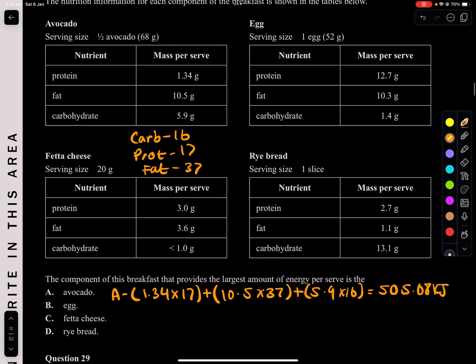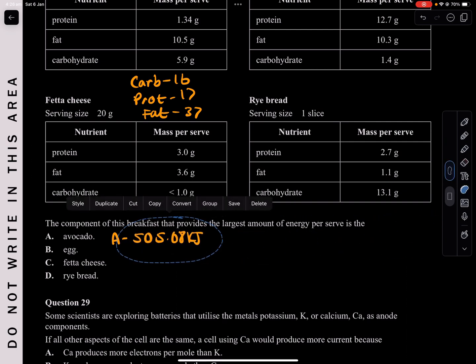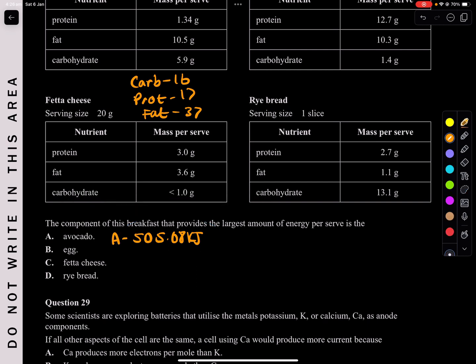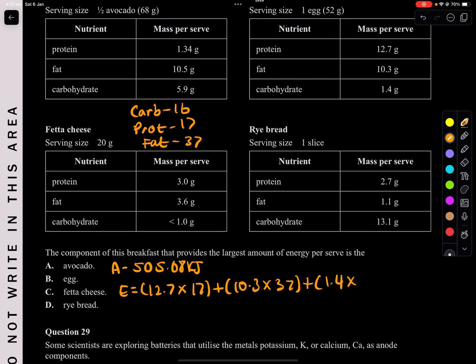That's for avocados, and let's check for eggs. Because it's too confusing, I'm just going to take this out now. That's for avocados, put that there. Done. Next one is eggs. For eggs, same thing. We have 12.7 times the protein, which is 17, plus 10.3 times 37, plus 1.4 times the carbs, which is 16.